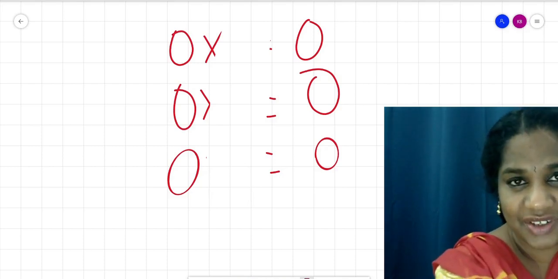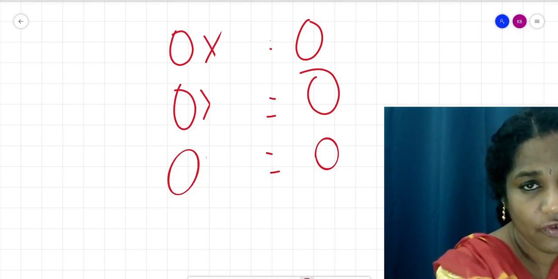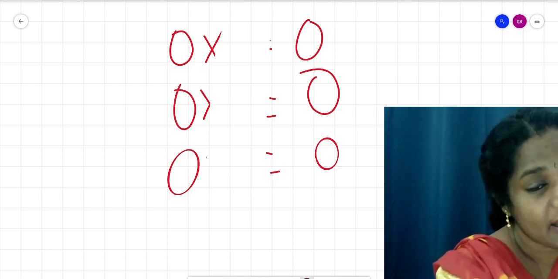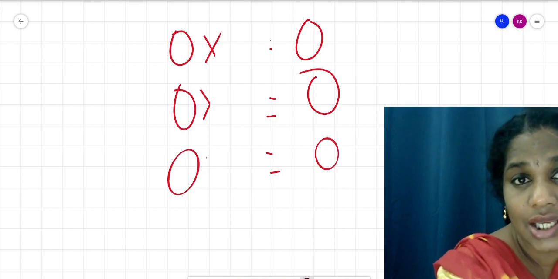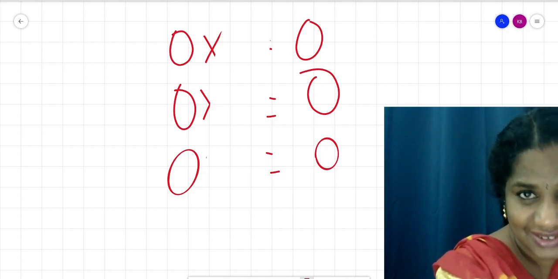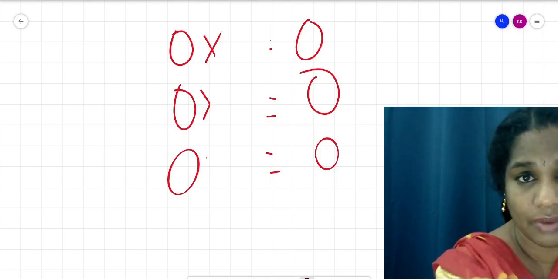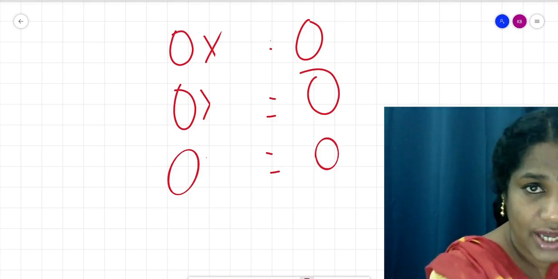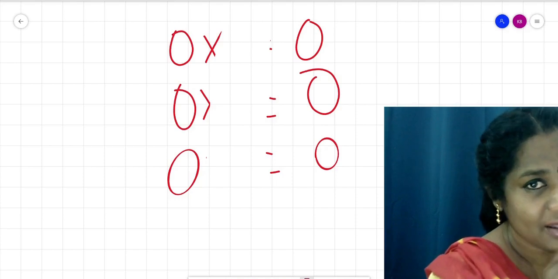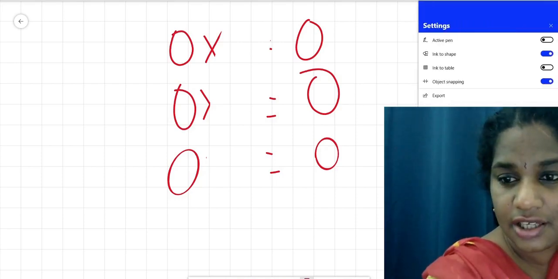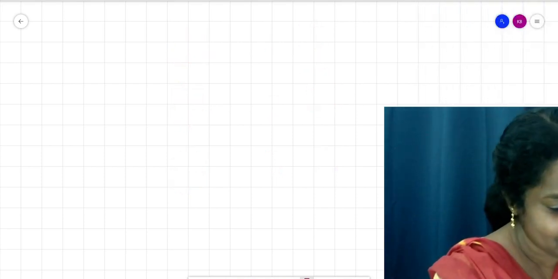We can't say, right? So the degree of 0 is undefined, right? And 0 is called as a zero polynomial. 0 is not called as constant polynomial, it is called as zero polynomial, and the degree of 0 is undefined. This is a MCQ question. Keep that in mind. Okay?